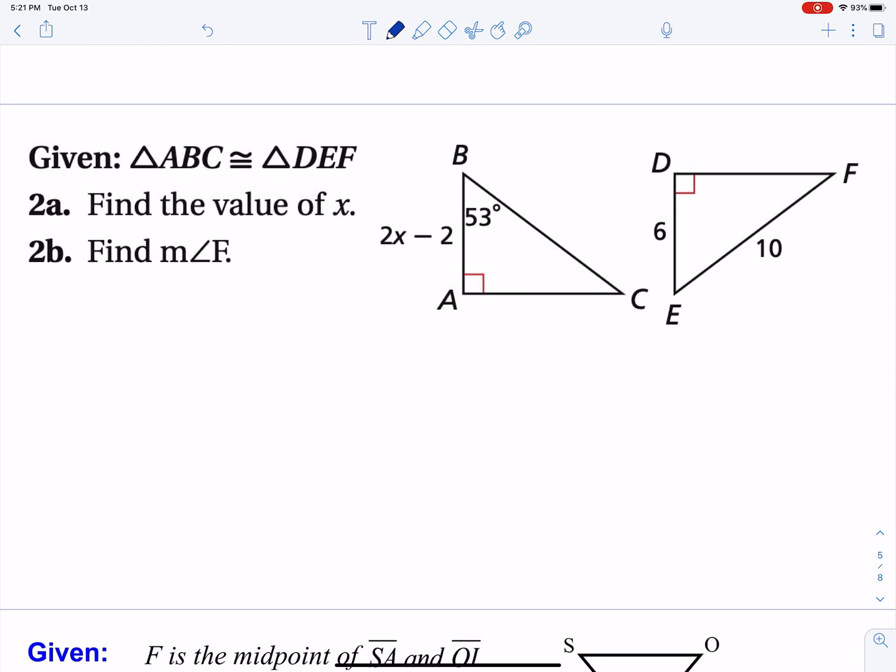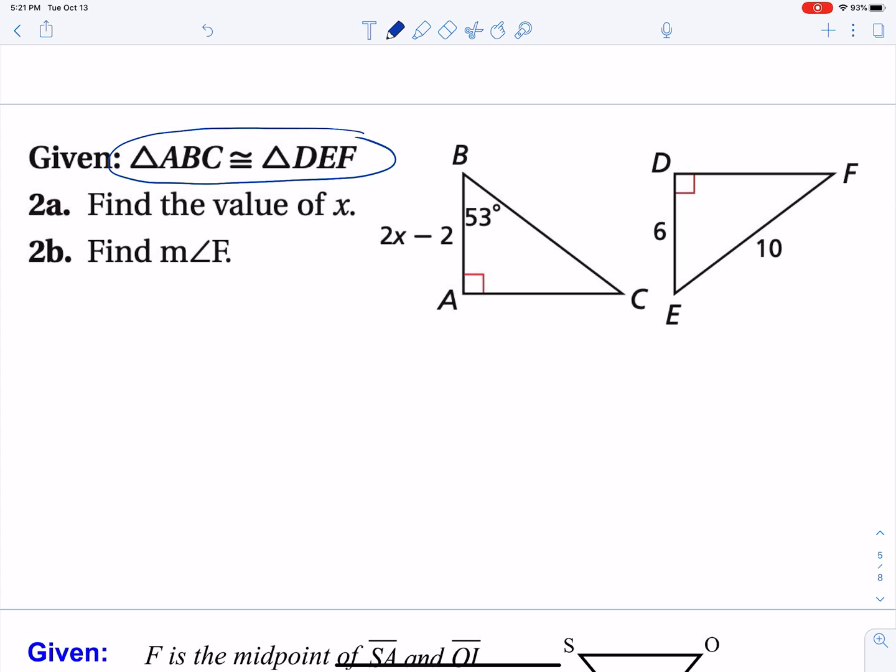We can also use that property of triangle congruence to match up those corresponding parts and write equations from that. So I'm given a triangle congruent statement. Triangle ABC is congruent to triangle DEF.